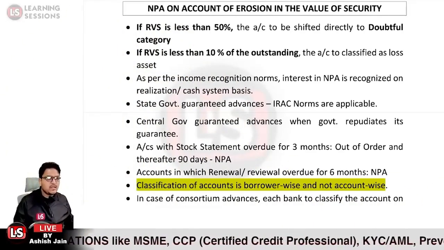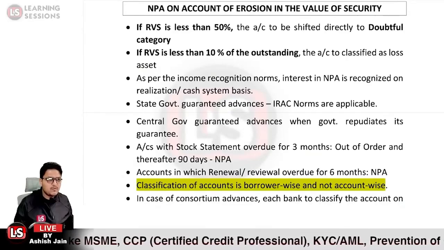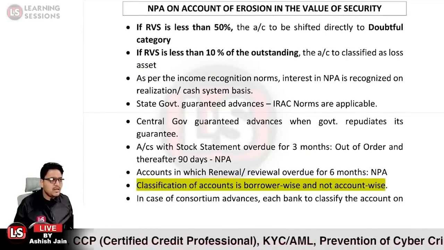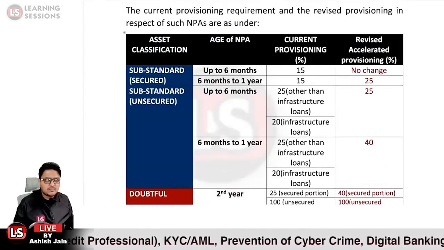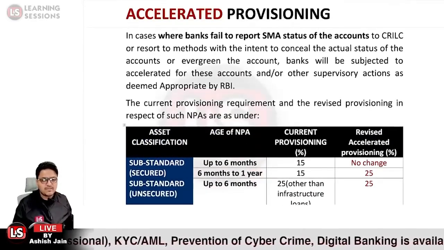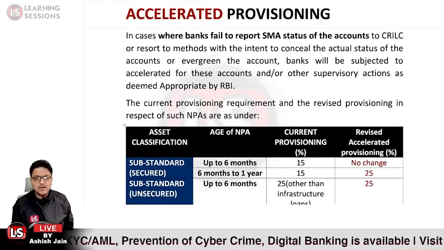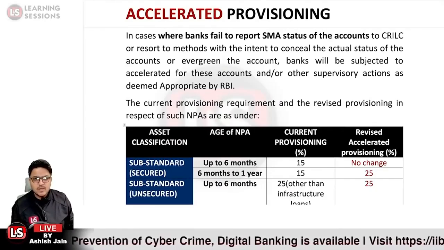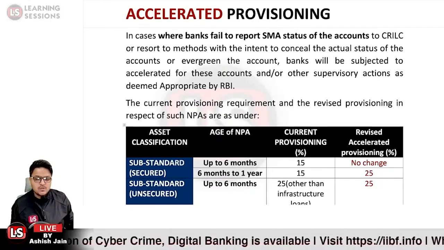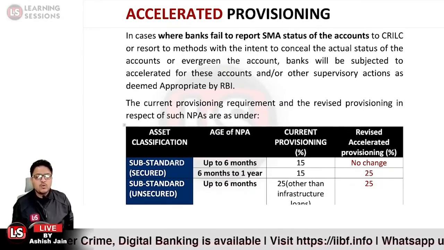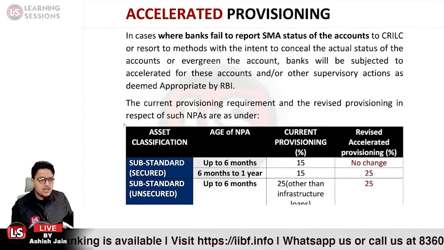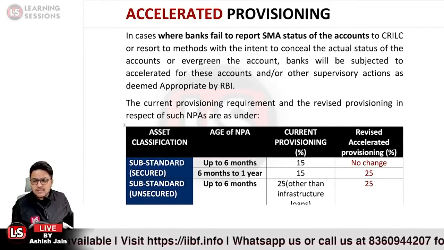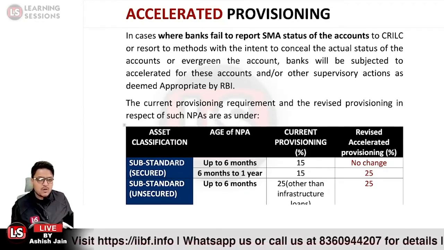Now let us have a look at the questions based upon it. But before that, we will be covering accelerated provisioning. So banks are to report the SMA status of the accounts to CRILIC.